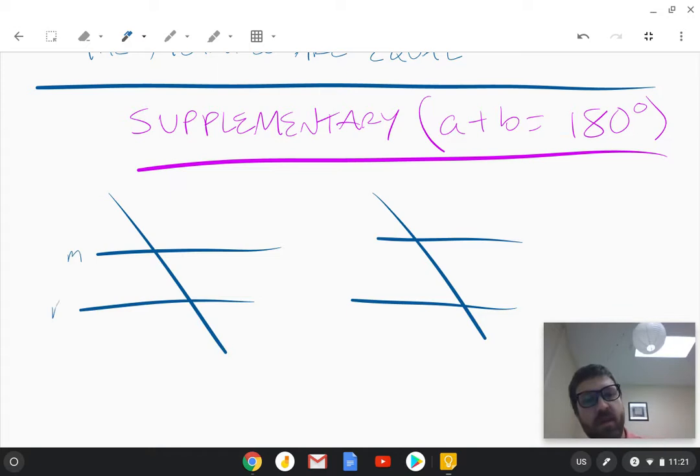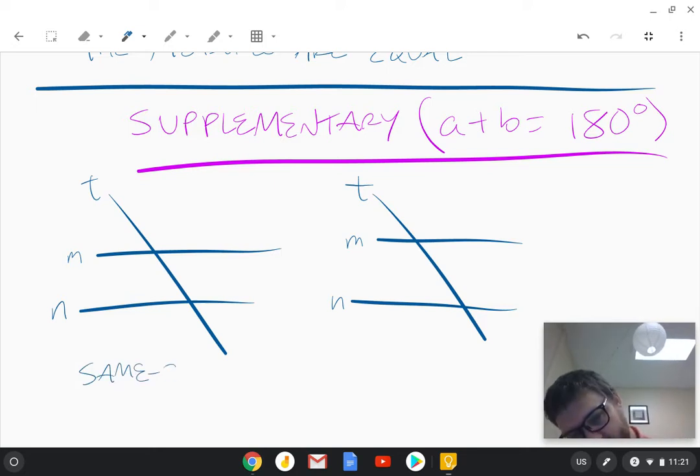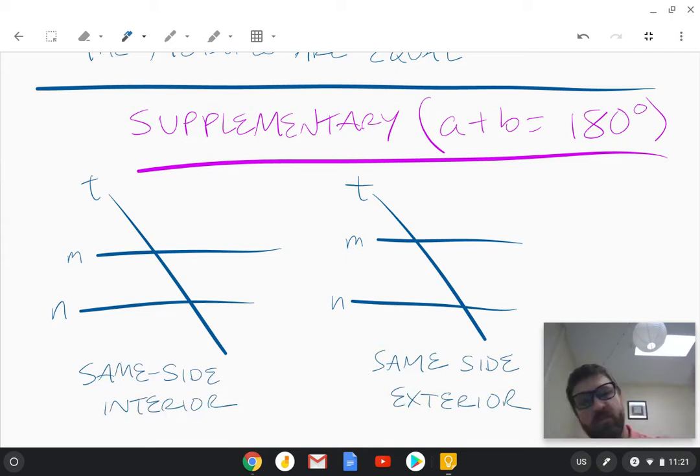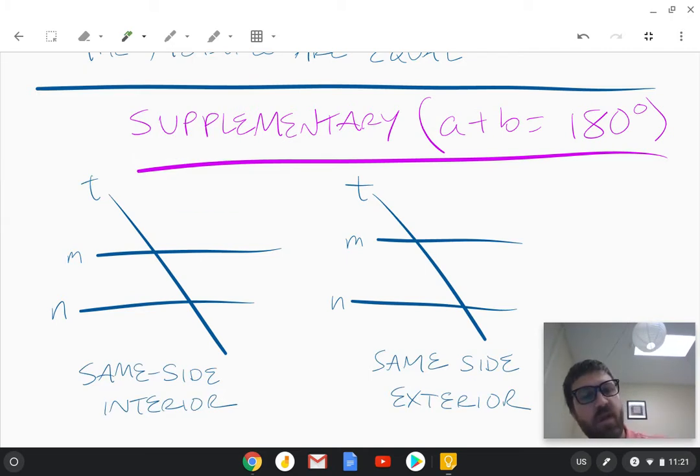Again, we have M and N. We have line T cutting through. And so the two that are supplementary are going to be same side interior and same side exterior. So both of these would be examples of relationships where the angles are supplementary.